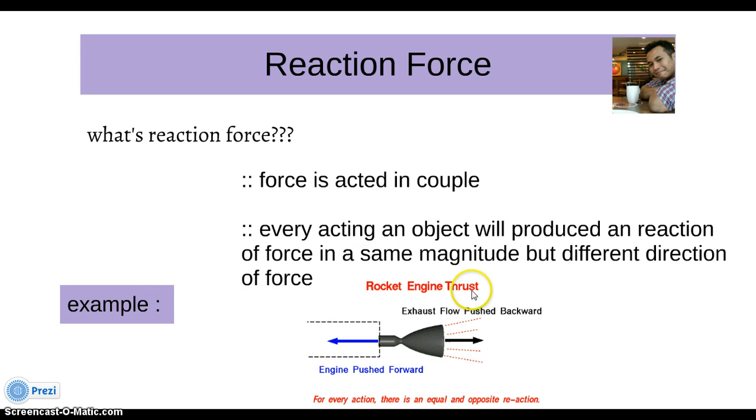The rocket engine thrusts, the exhaust flow pushes backward and the rocket goes forward. The magnitude of the force here and here is the same. So for every action there is an equal but opposite reaction.